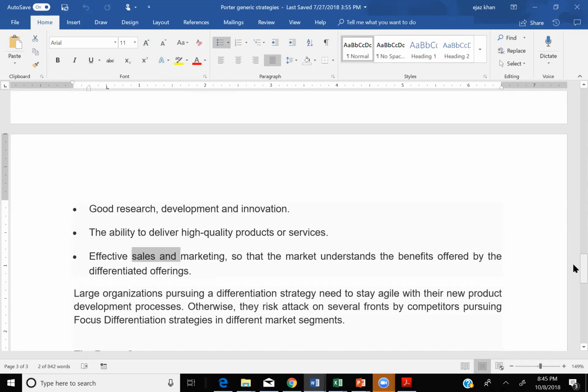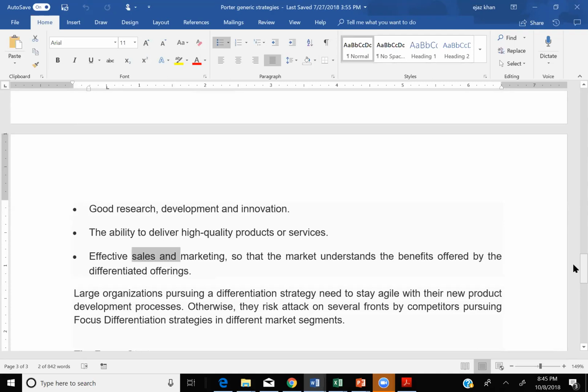Because you cannot have a high cost structure and then charge lower prices to compete in the market. So you need to know what particular strategy you are pursuing. If you really want to charge high prices, you have to come up with high-end products with innovative features.